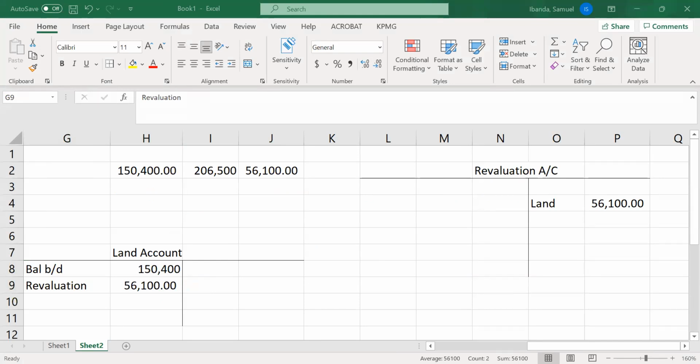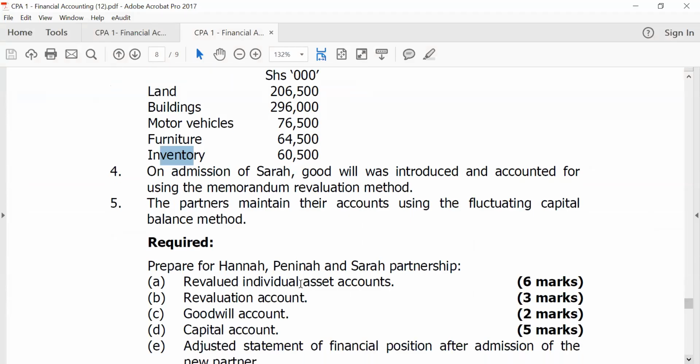Now, once we've understood that, because these are easier to do, right now we've done these two values, the revalued individual asset account as well as the revaluation account. You can see that these are more like free marks because you're not going to take a lot of time on those things. It's direct data entry, you just pick information from there and put it to the other side, okay?